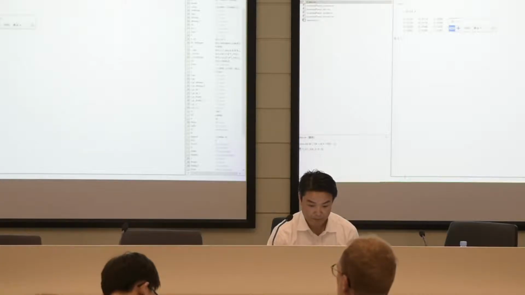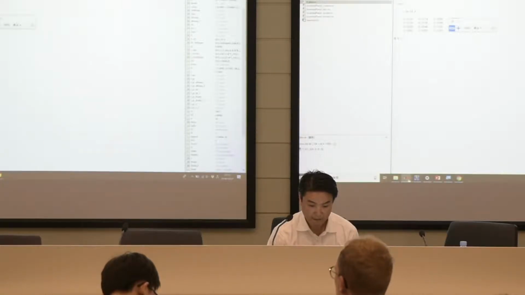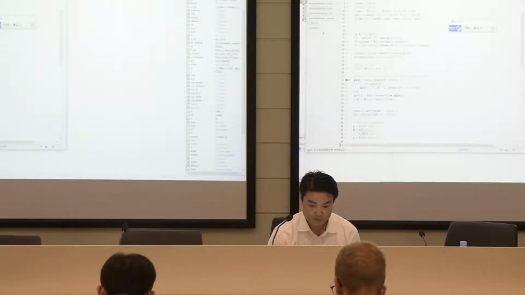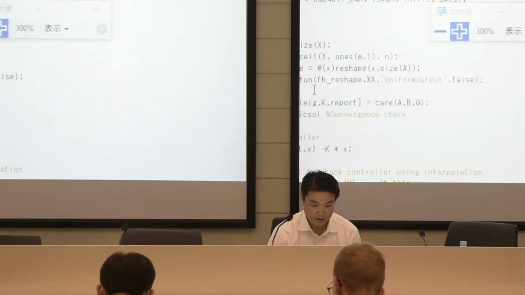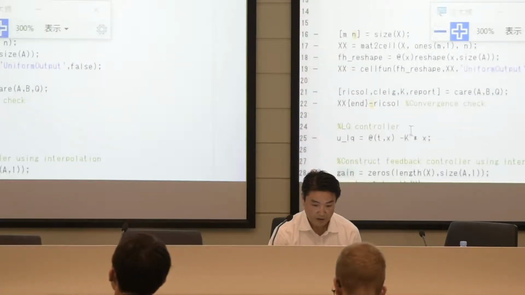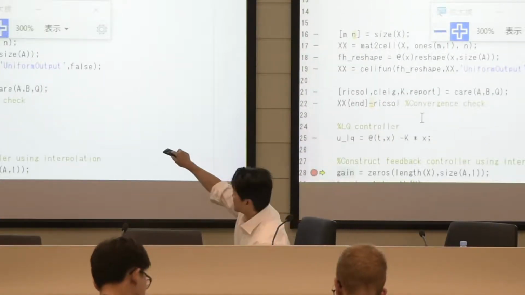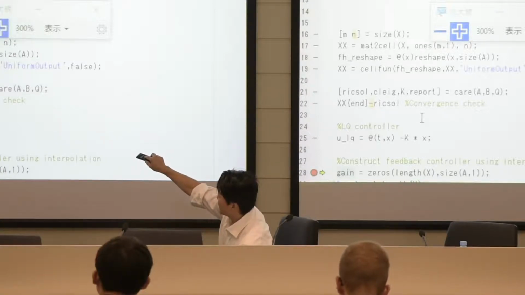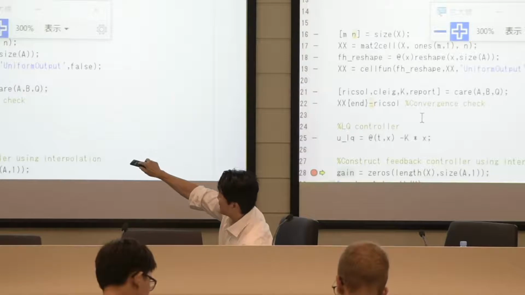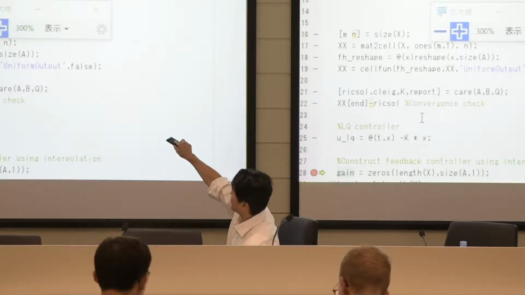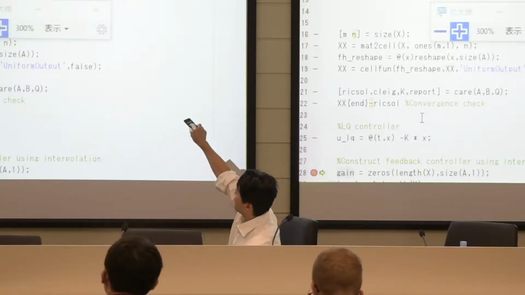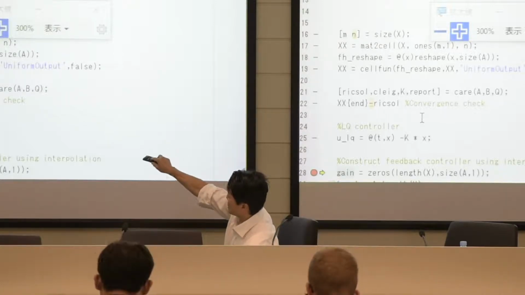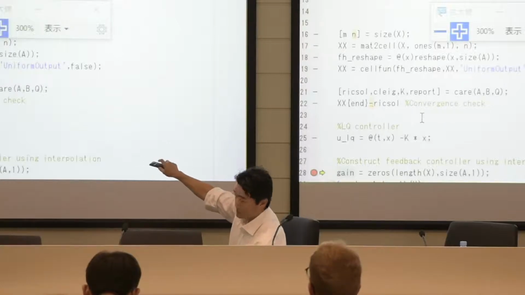So this is CARE, this is the Riccati solution K. This XX is from the solution of the differential Riccati equation. I took the subtraction and show the result.